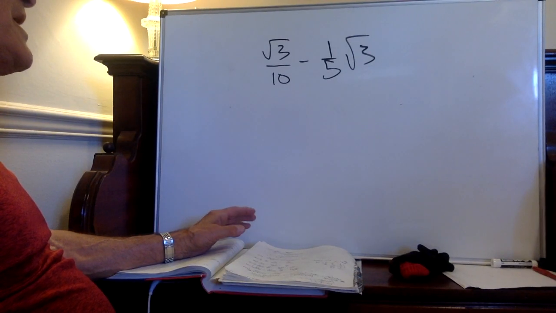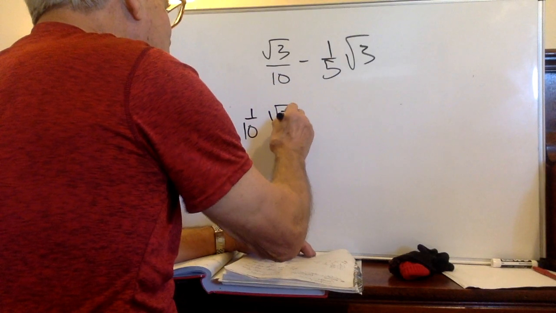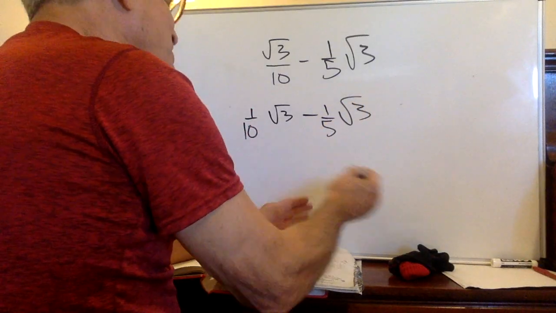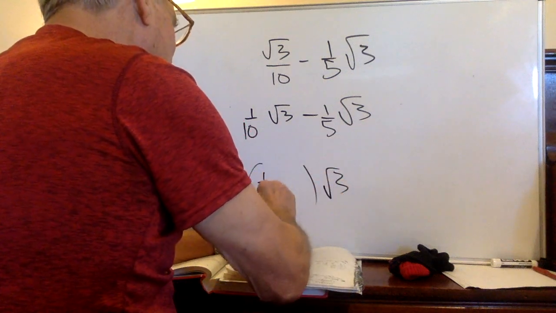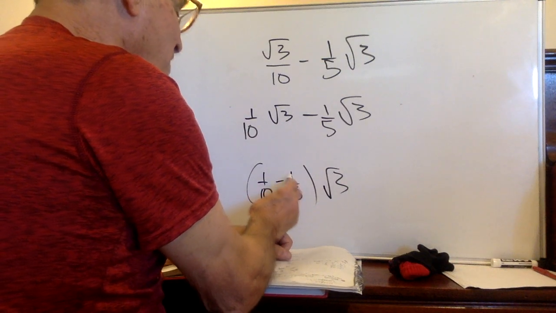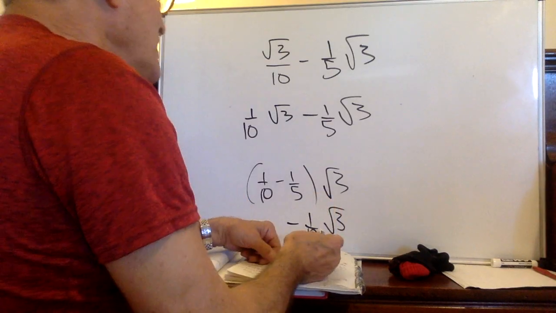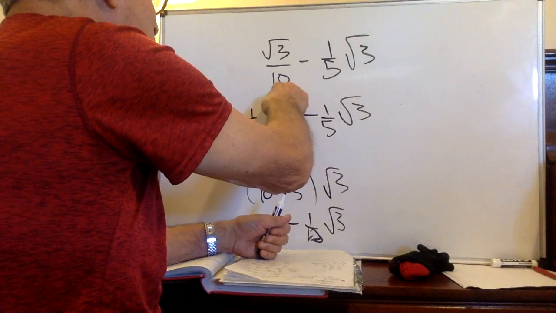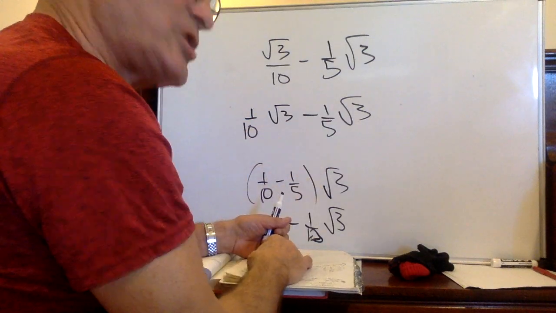Okay, hopefully you would recognize this is 1/10 root 3 minus 1/5 root 3, which then I can say, oh, now I can leave it root 3, and I simply get 1/10 minus 1/5. 1/5 is 2/10, so this becomes negative 1/10 root 3. So if you're combining by addition and subtraction, sometimes it might be to your advantage to write it this way so you could see you're adding or subtracting fractions.